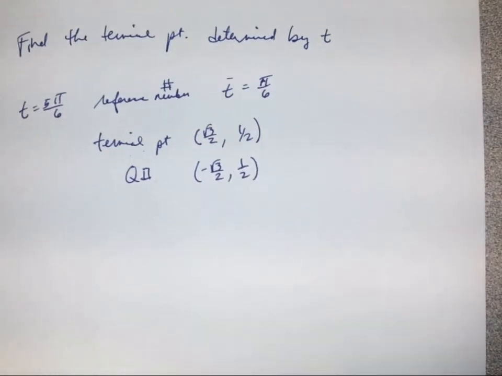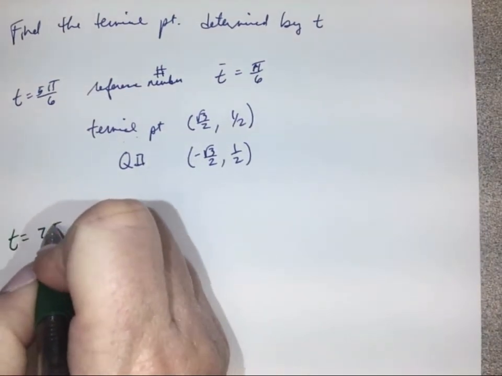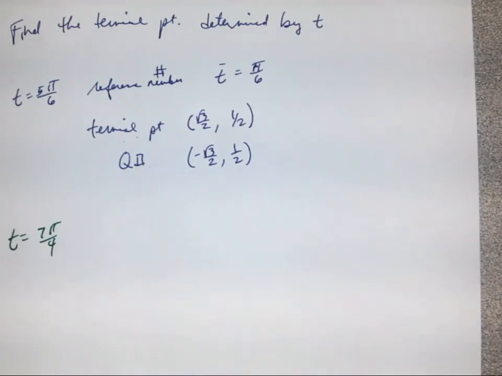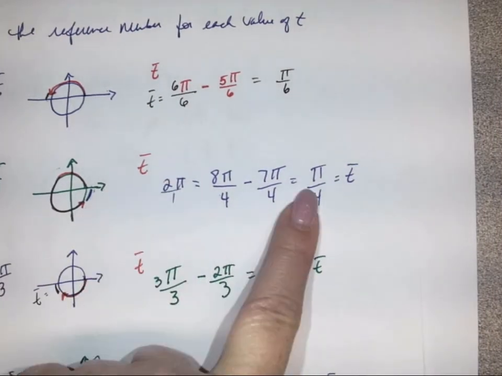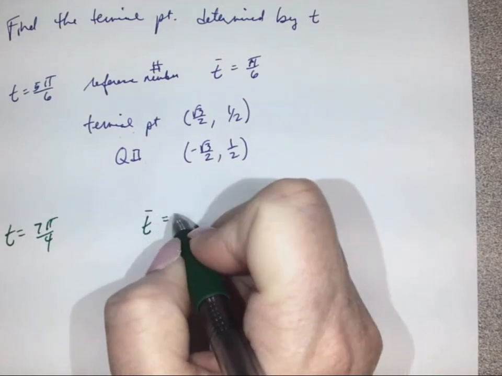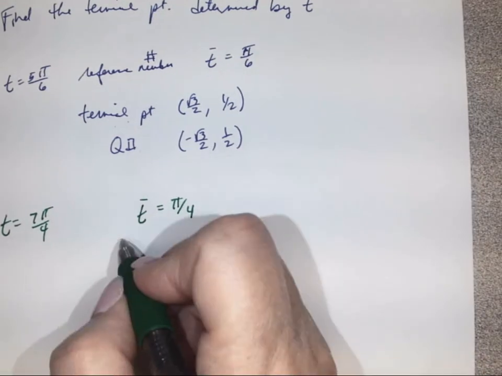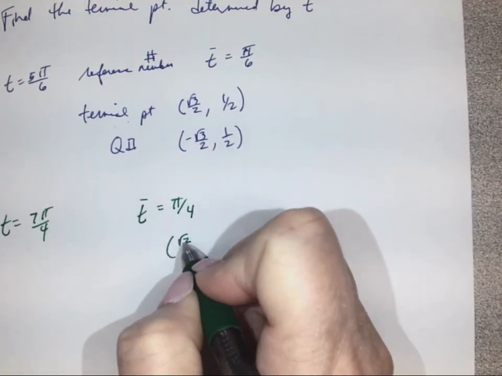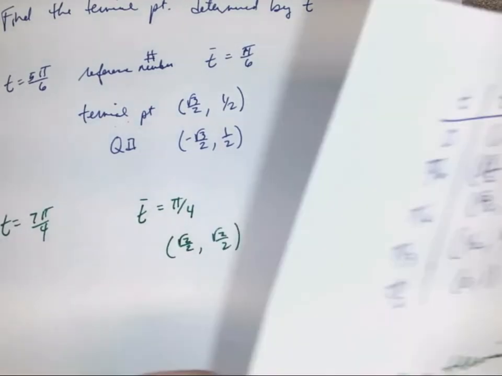All right, let's go to the next one. So if we have t is equal to 7 pi over 4, which we also found, we found that t bar was equal to pi over 4. So we know that t bar is equal to pi over 4. And with that pi over 4, we know that the reference point, or the terminal point, would be square root of 2 over 2, square root of 2 over 2, going back to our chart that we made.